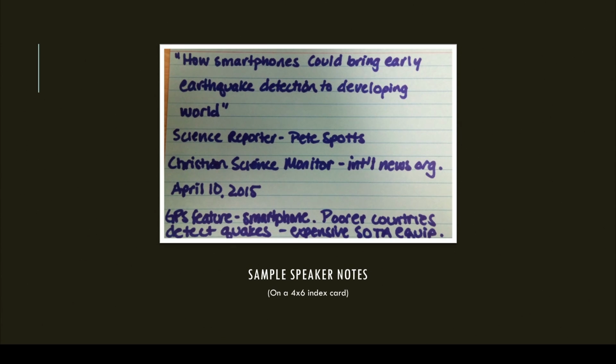You'll have the title of the article, the name of the author, any relevant details about the author, title of the news source with notes to describe the source, the publication date, and a few words to describe the content. Now, let's hear how this verbal citation would sound in your speech.